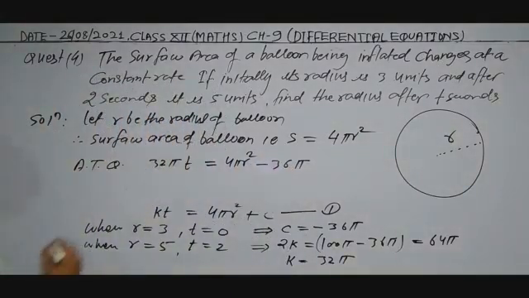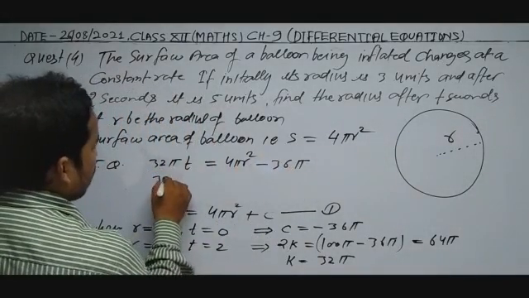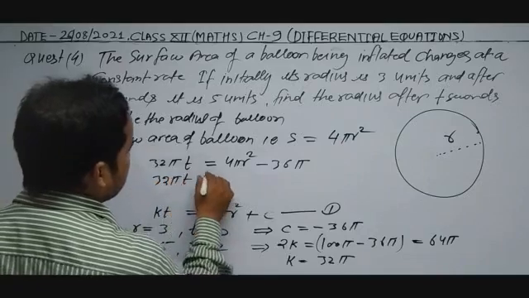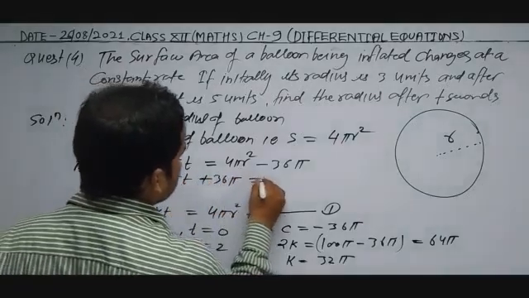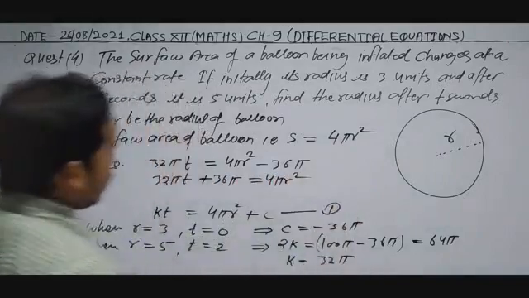Now 32 pi t plus 36 pi is equal to 4 pi r square.